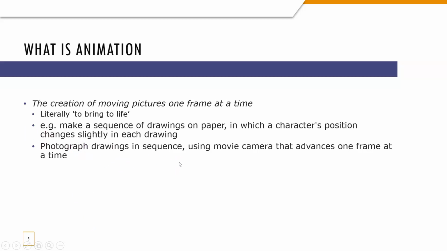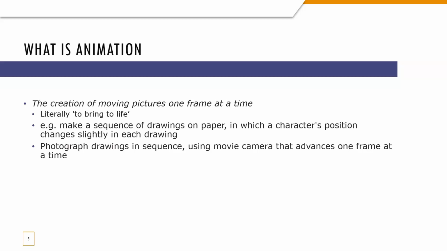That is the basic concept of animation: you have the drawing elements in a sequence, so the movement is continuous, and when you render it as an animation, it will move.